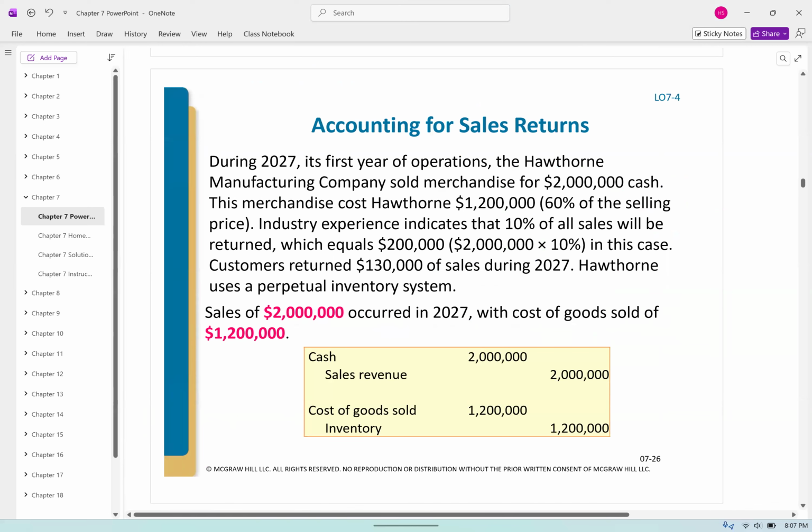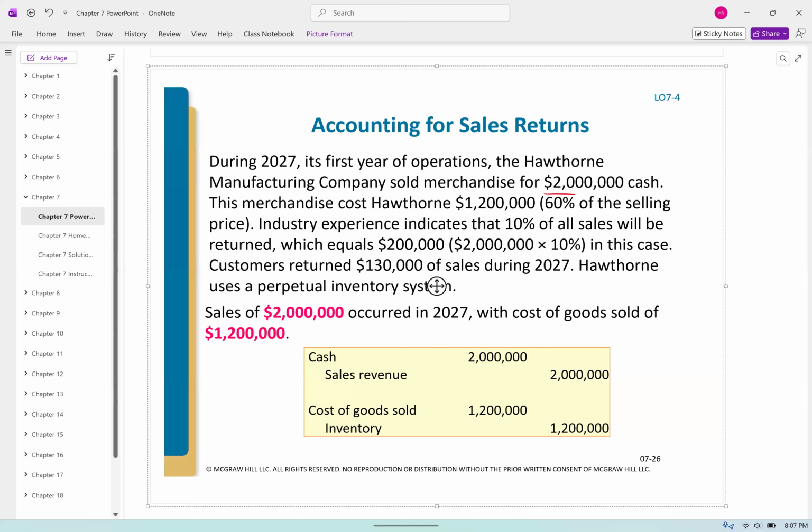During 2027, its first year of operations, the Hawthorne Manufacturing Company sold merchandise for $2 million cash. And that is the first entry right there. They said they sold it for cash. If they said credit, that would be accounts receivable.